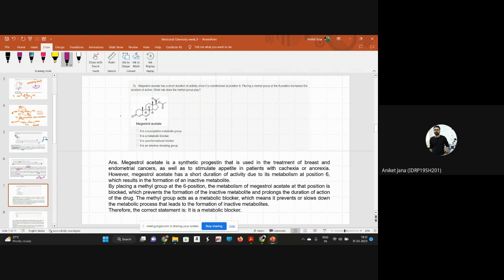Megestrol acetate has a short duration of activity since it is metabolized at position 6. Placing a methyl group at the 6th position increases the duration of action. What role does the methyl group play? So what is there in the 6th position?